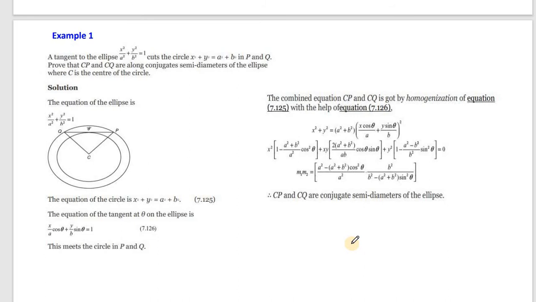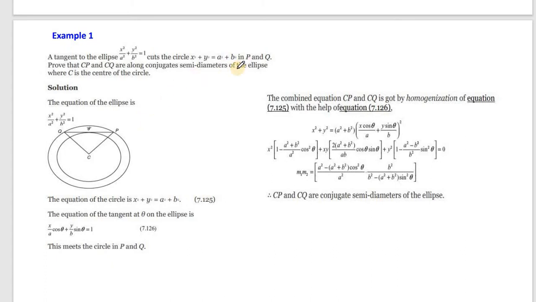Now the first one: a tangent to the ellipse cuts the circle, that is the director circle, x square plus y square is equal to a square plus b square, in points P and Q. Prove that CP and CQ are along the conjugate semi-diameters of the ellipse, where C is the center of the circle.